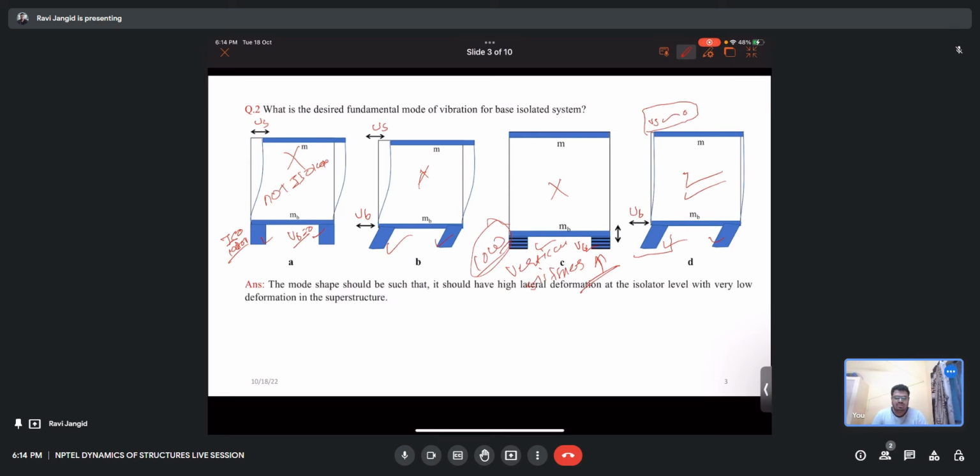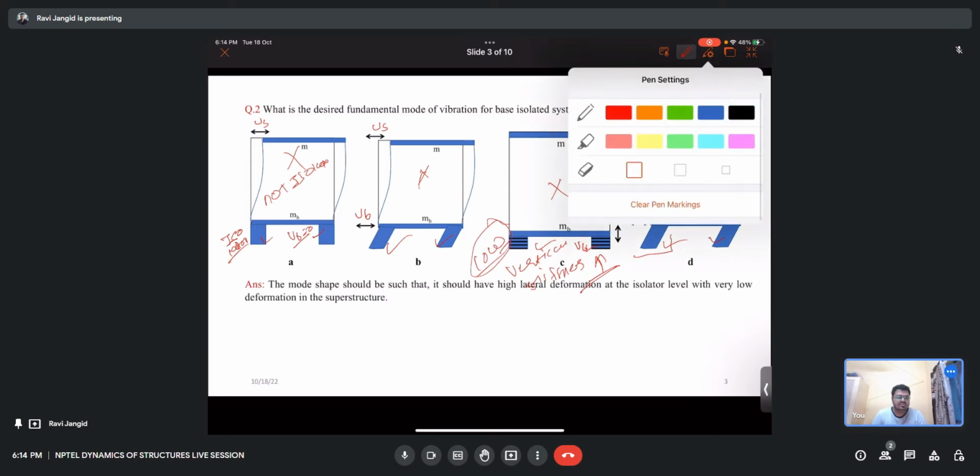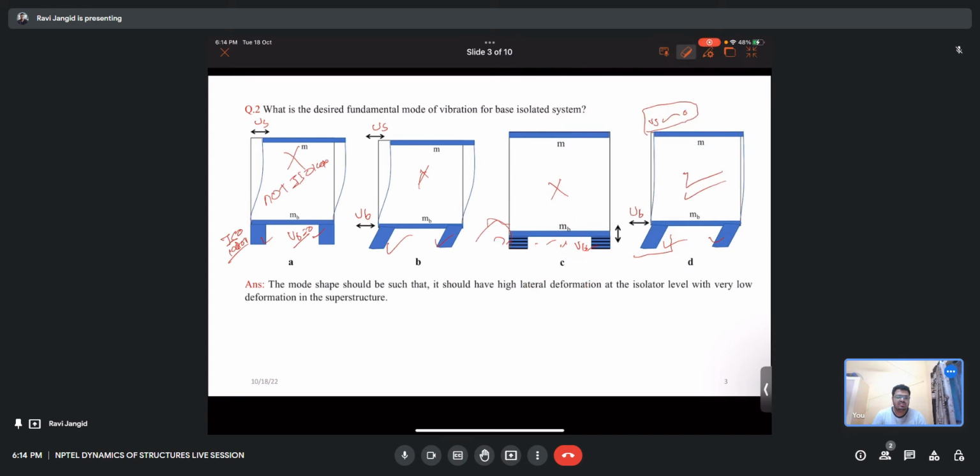So the mode shape should be such that it should have high lateral deformation at the isolator level with very low deformation in the structure. Like in the isolator, the deflection UB should be higher than the superstructure. Okay, so this was our question 2. Hence option D is correct.